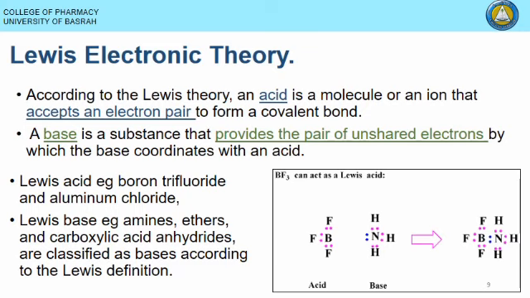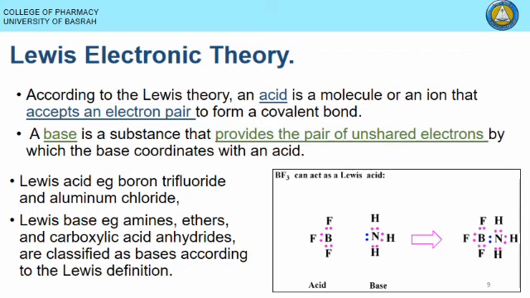For example, if we have this example here, this is ammonia, and we know it has the ability to accept a proton, so according to Bronsted it acts as a base. But when we react trifluoroboron with ammonia, the trifluoroboron is a compound that does not have any proton to share. How is it going to act as an acid?